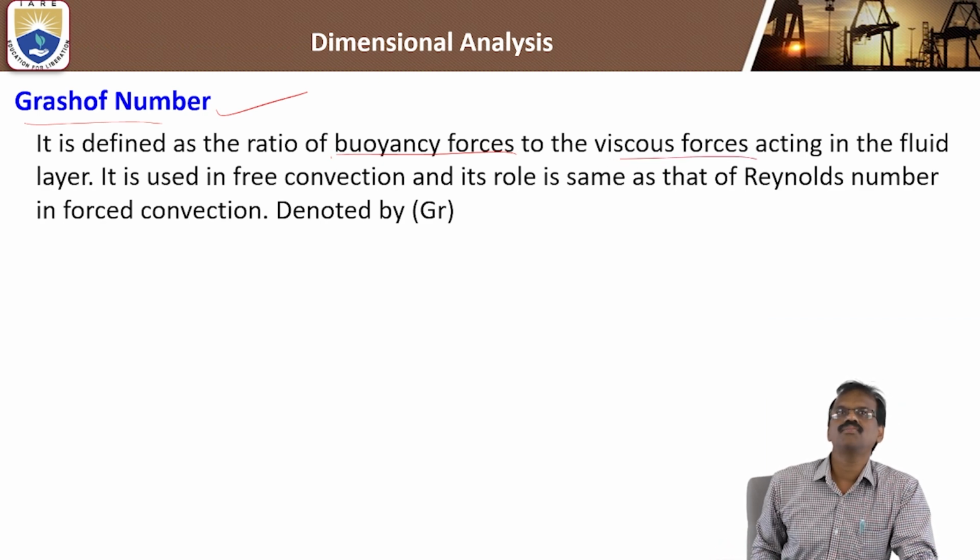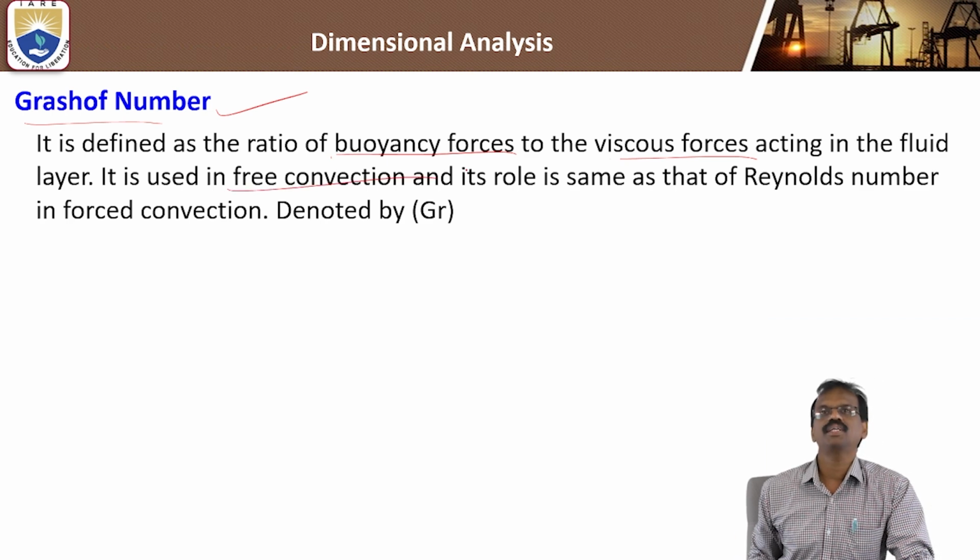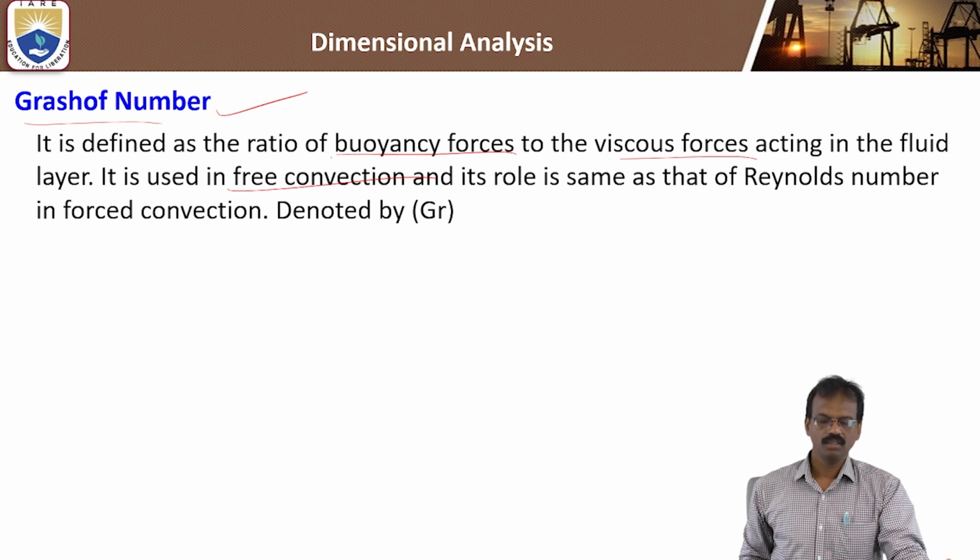It is mainly used in free convection, because particles move from bottom to top by the effect of buoyancy forces. So here it includes only buoyancy forces, and doesn't include the velocity of the fluid.